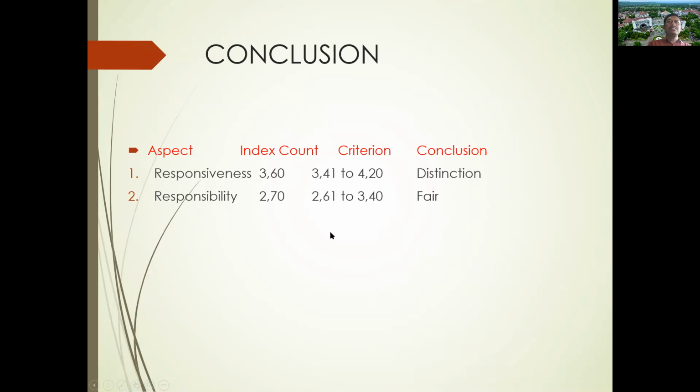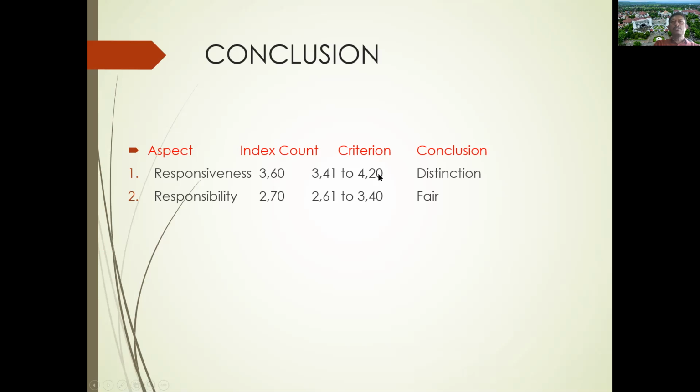So the conclusion is like that. We can show the aspects of responsiveness and responsibility, and then the index counts of 3.60 and 2.70. The criterion for the index count 3.60 is in the range of 3.41 to 4.20.